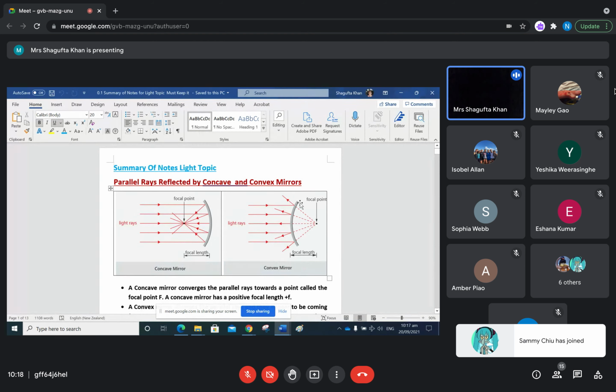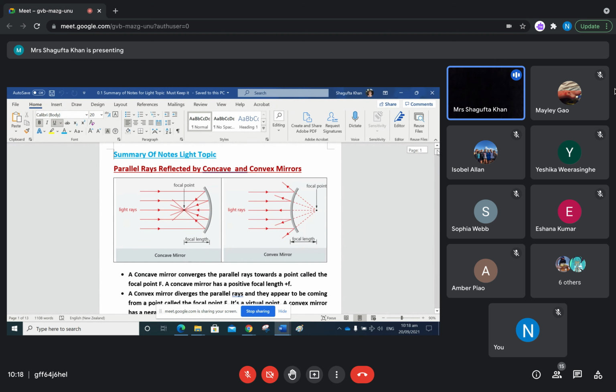In the convex mirror, reflected rays go outwards. So this point, where the reflected rays appear to be coming from, is a virtual focal point. It's not a real focal point, and this focal length is negative, whereas for a concave mirror it's positive.